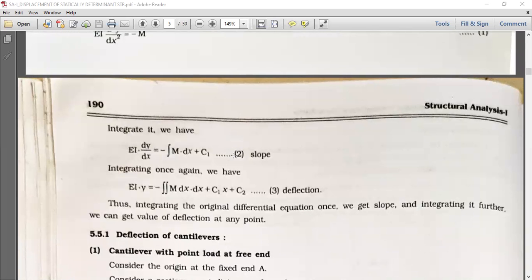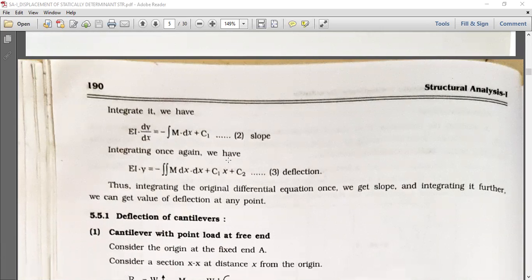Now integrate again, we have EI y = -∫∫M dx dx + C1x + C2. The double integration gives the deflection.